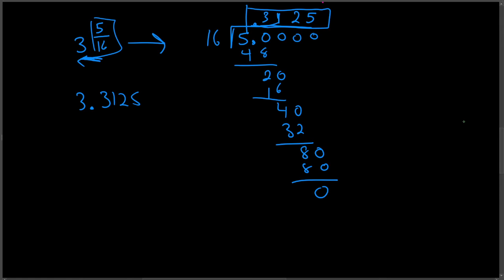Now there are some other ways that we can write decimals from fractions that use some nice tricks. So 3/5, instead of dividing it, I can say, hey, wait a minute. Decimals are always some fraction of 10. So it'd be nice if I could turn this into a 10.